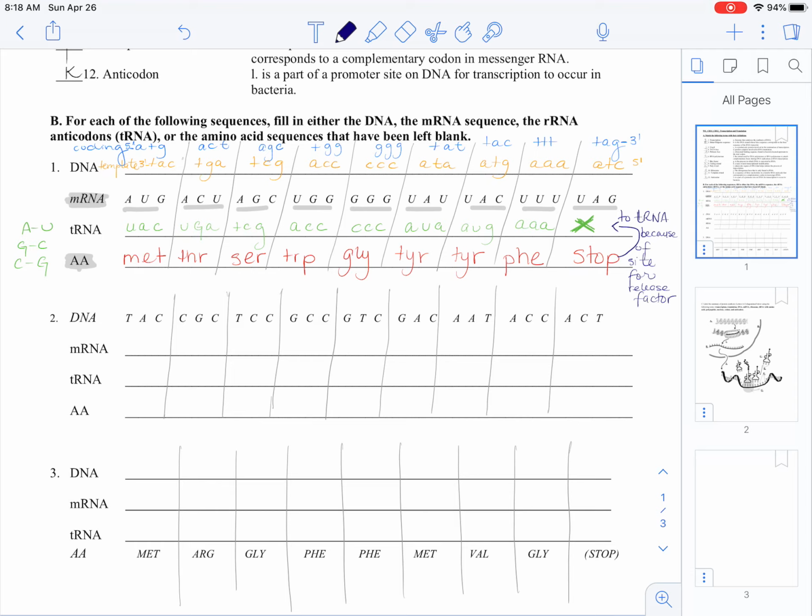So remember, stop codons do not encode for an amino acid. That is a place for the release factor, so there's also no tRNA or anticodon for it. A release factor is a completely different molecule. So for the DNA given on number 2, that is specifically the template strand.